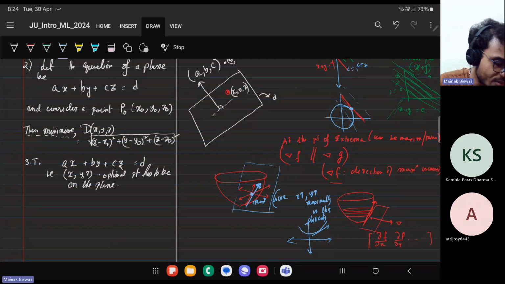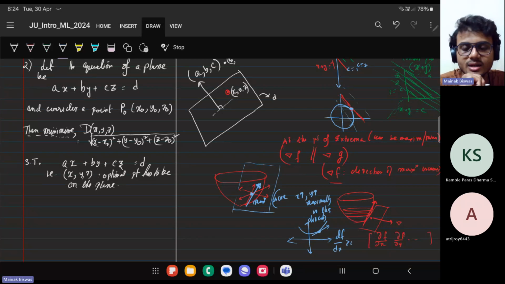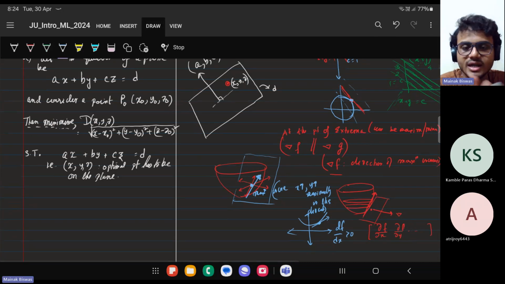At a particular point, if the derivative df dx is greater than 0, it means that along positive x, it increases. But when you have multiple coordinates, there will be different values of df dx at a particular point, for each of the coordinates x, y, x1, x2, x3 and so on. Correct? Yes.